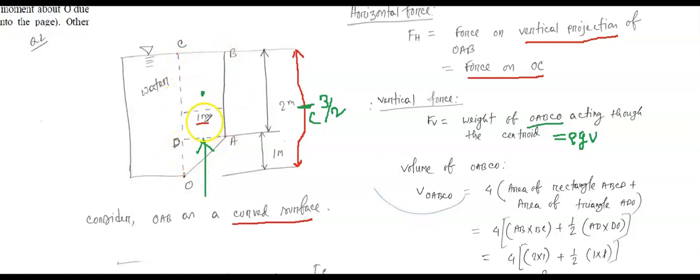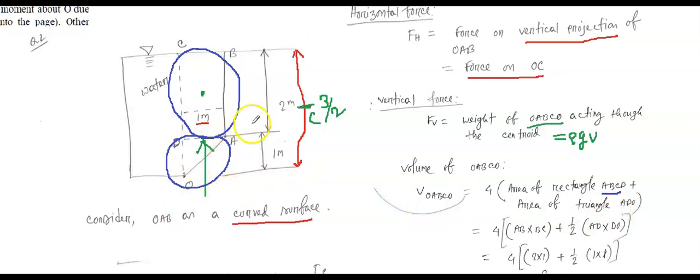And if you look here, we have just two things. We got a rectangle, this one, ABCD, and we got a triangle, ADO, right? So we can say that the volume of OABCO equals 4 times the area of the rectangle ABCD plus the area of the triangle ADO.